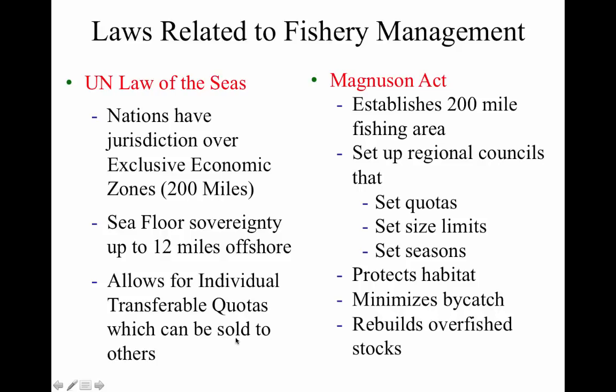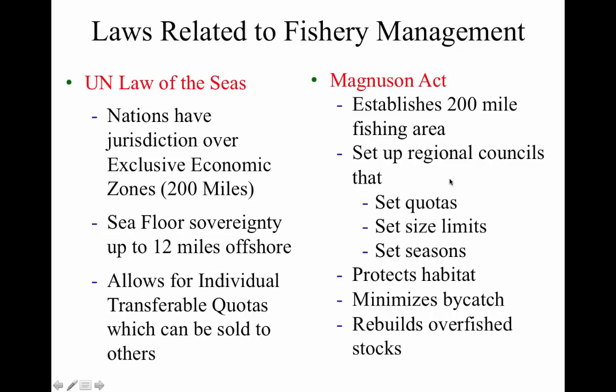When they do that, if you're finding that you're not taking as much fish from an area as you could, you can actually sell that to another nation. The Magnuson Act established the 200-mile fishing area. It set up regional councils. So when you hear that a flounder has to be 18 inches long or you have to throw it back, in the United States there are regional councils that look at how fish are doing.